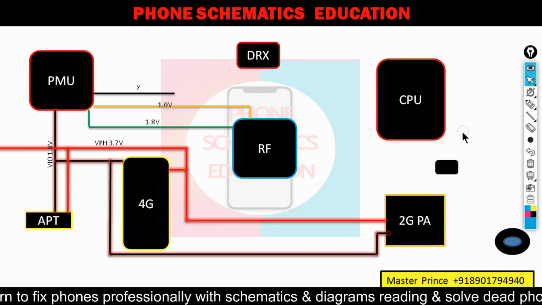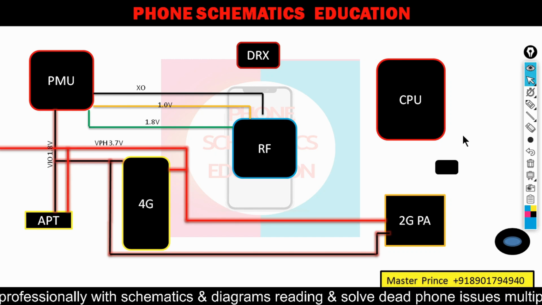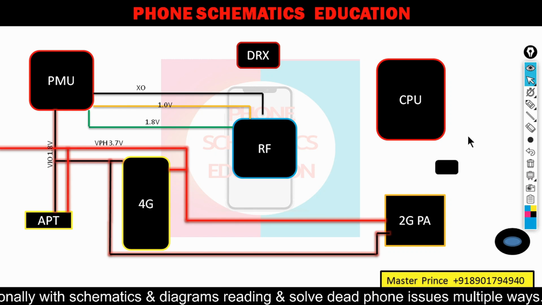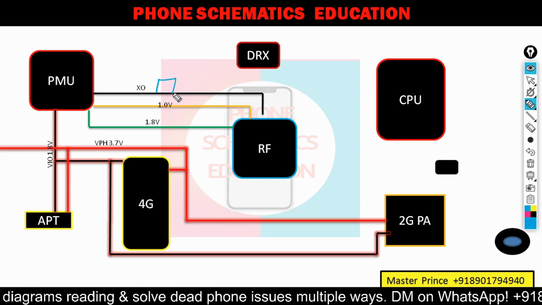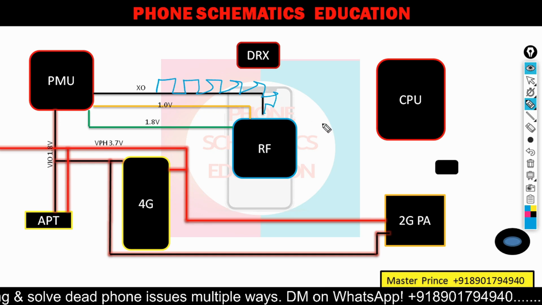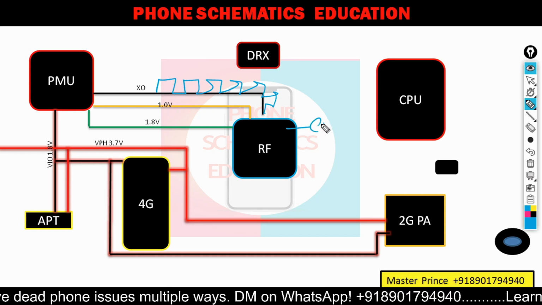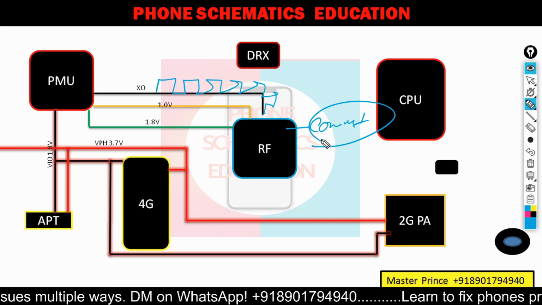Now after this, there is a frequency from the XO, from the PMU, a radio frequency, right? Or a frequency from the PMU. This is a signal like a frequency, right? Because your RF works for the radio frequency, handling the communication department.